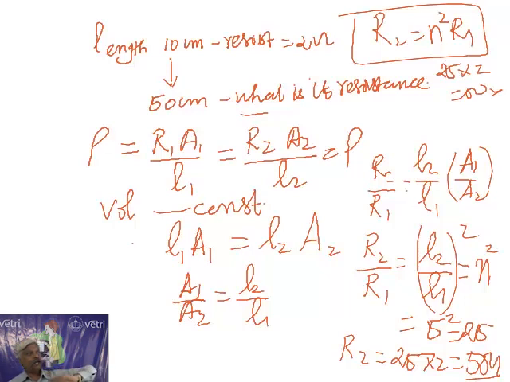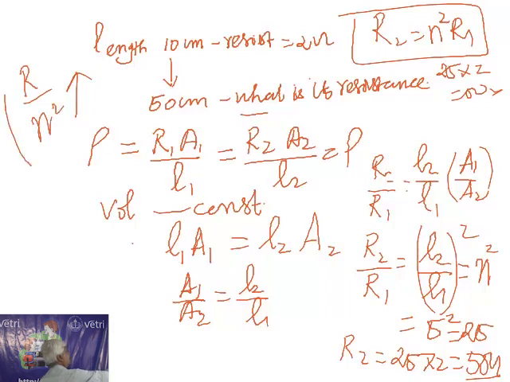Be careful. Sometimes the question may be asked in the reverse direction. If the length of the wire is 50 centimeter and its resistance is 50 ohm, and this 50 centimeter wire is contracted to 10 centimeter, then what is the new resistance? The formula is R by n squared, or R2 is equal to R1 by n squared.